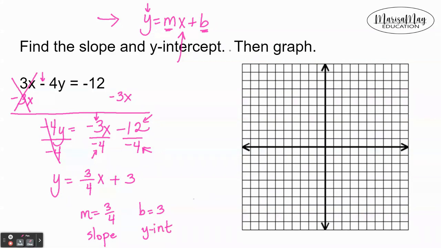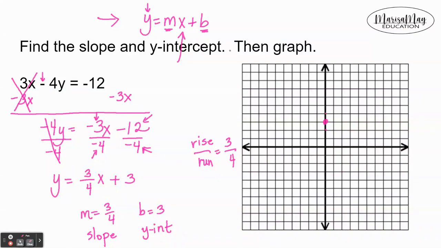Now, when we go to graph that, we start with the y-intercept. So at the origin, we count up 3. 1, 2, 3. So here's my first point. And then from there, I'm going to use my 3/4 as a rise over run combination. So we rise 3 and run 4 from the y-intercept.